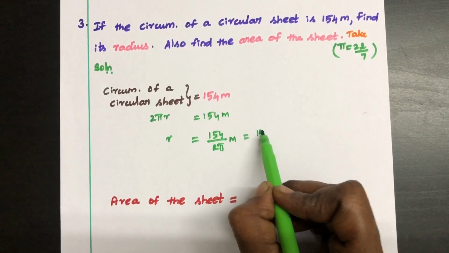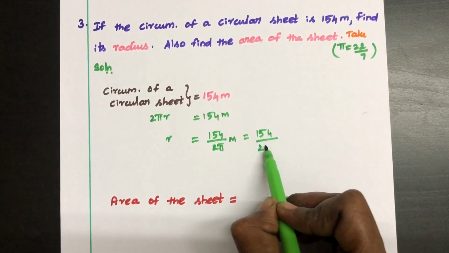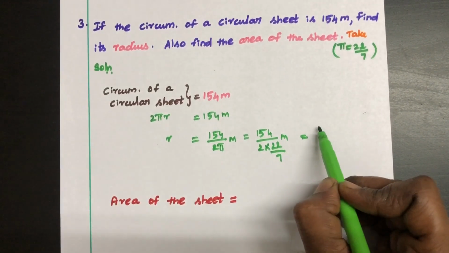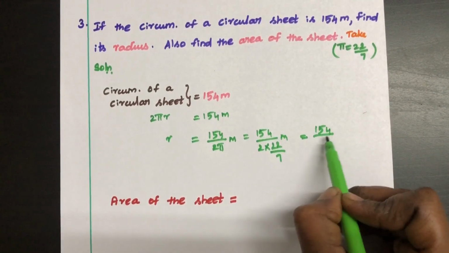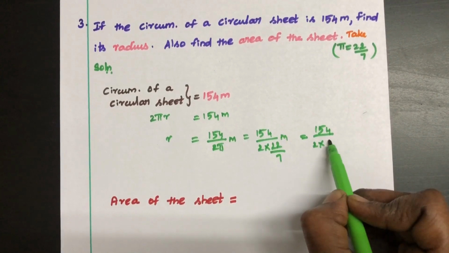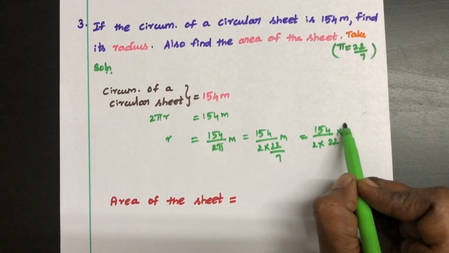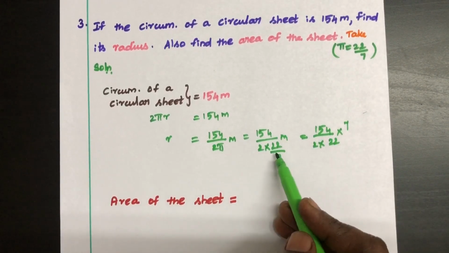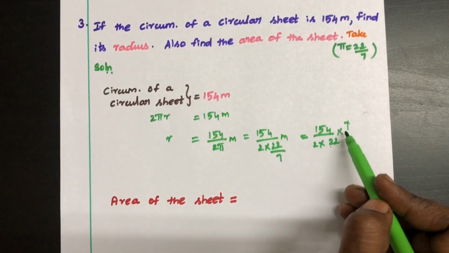This is 154 by 2 into 22 by 7 meter. 22 will be here, and this 7 will go as a numerator, so 7 by 22. See, this is the reciprocal. 22 by 7 becomes 7 by 22, right?